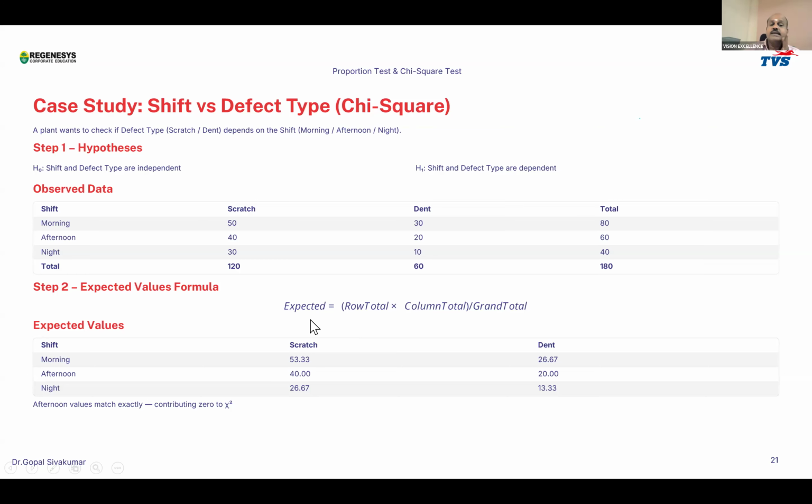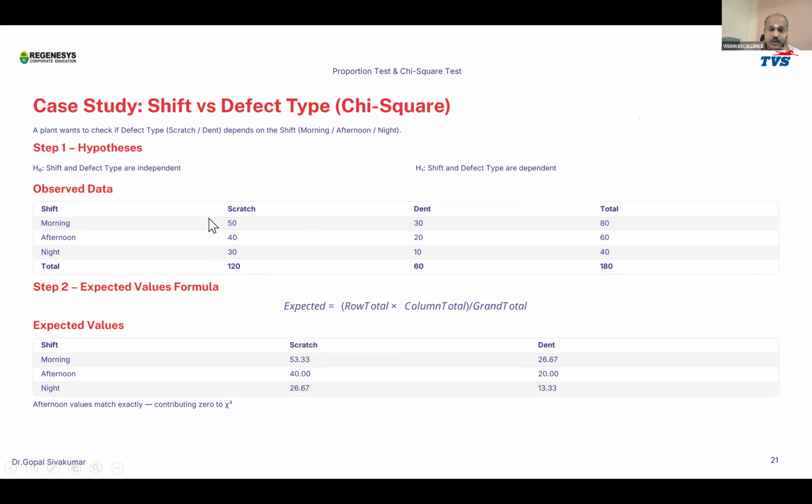See here, there is a formula for calculating the expected value. What does the formula say? Row total into column total divided by grand total. Grand total is how much? 180. Row total for morning shift is 80.